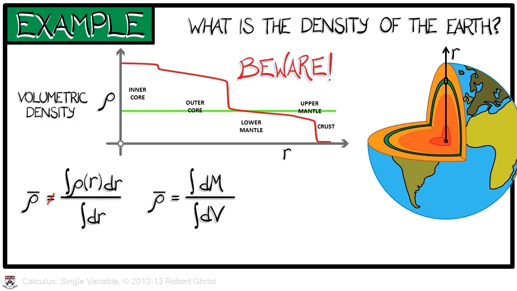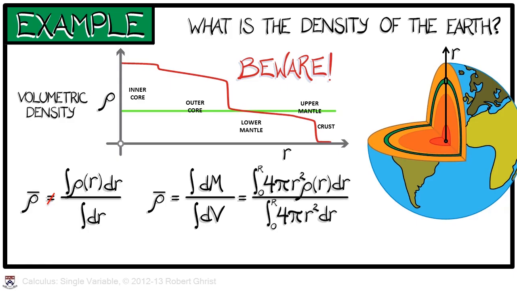Now, rho dv, as we recall, is really just the mass element. And so, in retrospect, it's really kind of obvious that what we would do to compute the average density is compute the mass, the integral of dm, over the volume, the integral of dv. And you can write that out more explicitly if you wish.